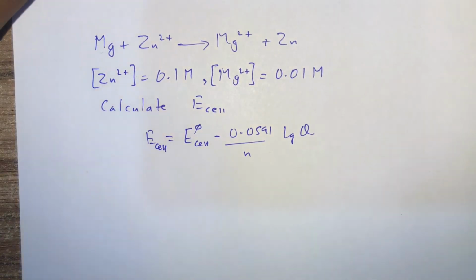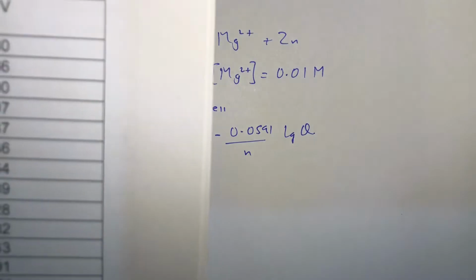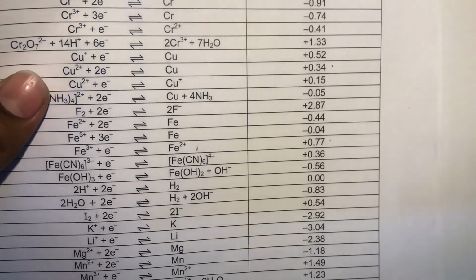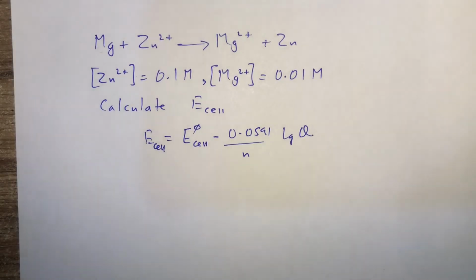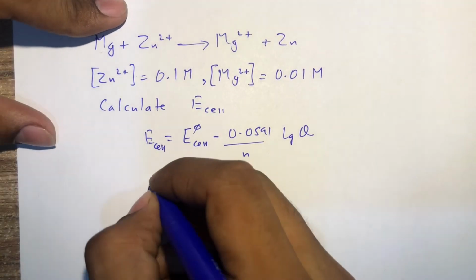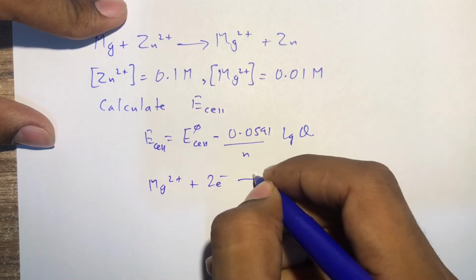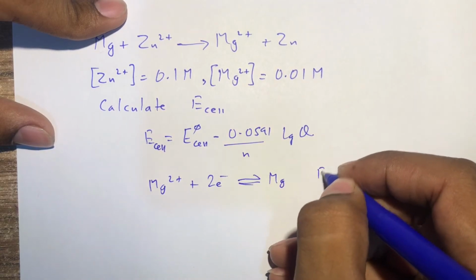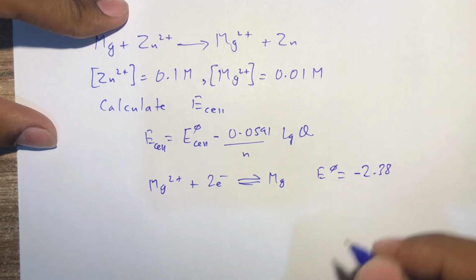Let's look at the data booklet. For magnesium the equation is this one: Mg2+ plus 2 electrons, and using magnesium, the E naught value is minus 2.38.